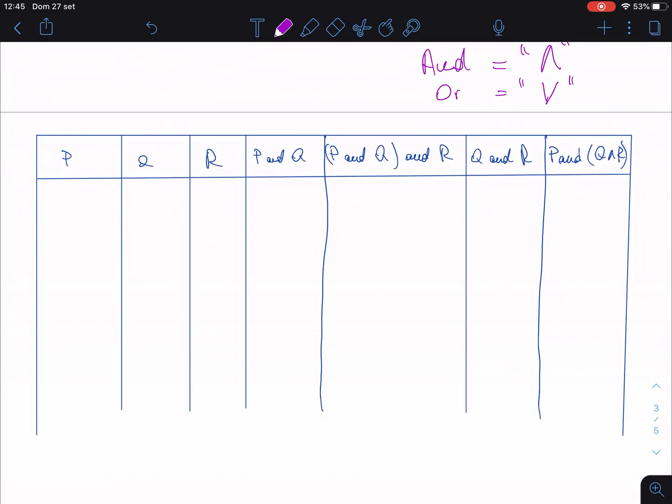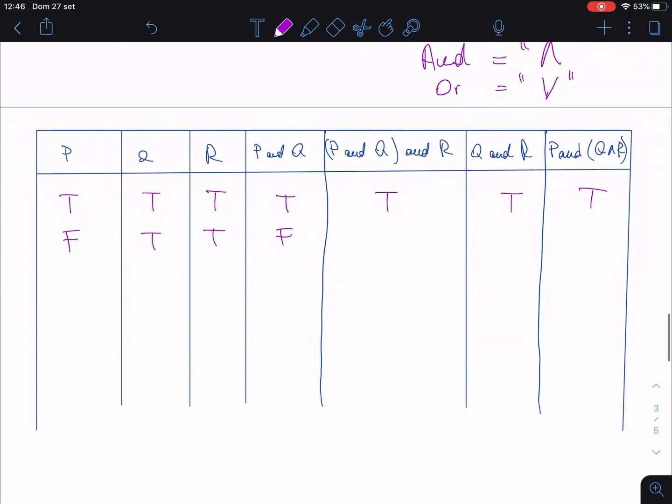So very easy. If P is true, Q is true, R is true, this is very easy because everything will be true, just applying the usual table. And consider if P is false and the 2 others are true, then P and Q is false, and here you have P and Q and R. Since P and Q is false, P and Q and R is false, because if you have AND, it suffices that just one of the 2 propositions linked by the connective AND is false in order for the whole proposition to be false.